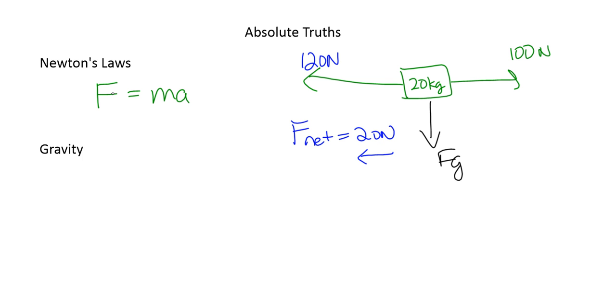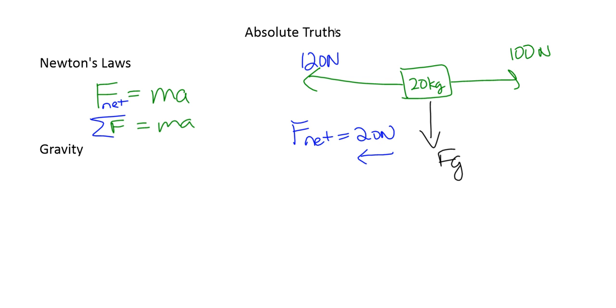Okay? Now, for clarification on Newton's laws, we can write it in two different ways. We can either write F net equals ma, or we can use what's called summation notation. They mean the same thing. And what that does is that allows us to say that we're not looking for the effect of each individual force, but rather all of the forces combined on this object.